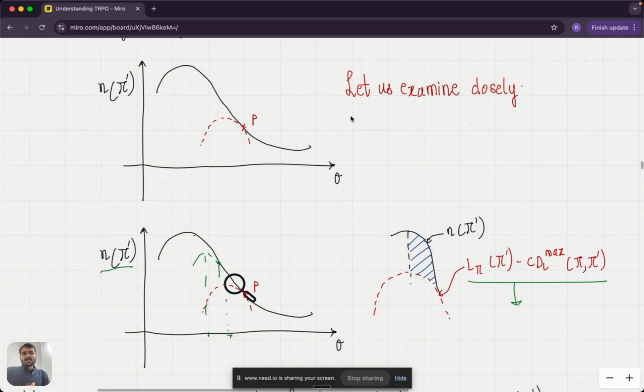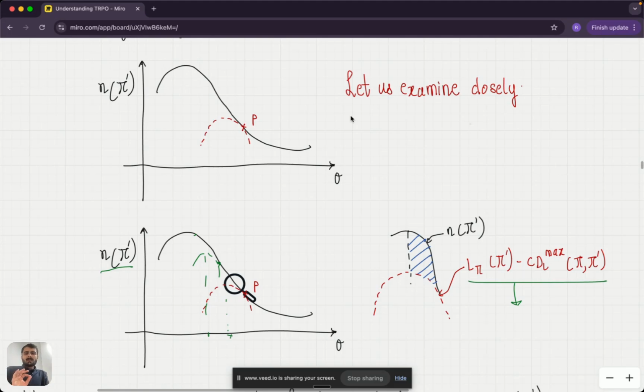And that theory says that it's fine even if you don't know the state distribution of the new policy. If you know the state distribution of the old policy, can you construct a function which is always less than the original objective function, which matches the original objective function at one point?